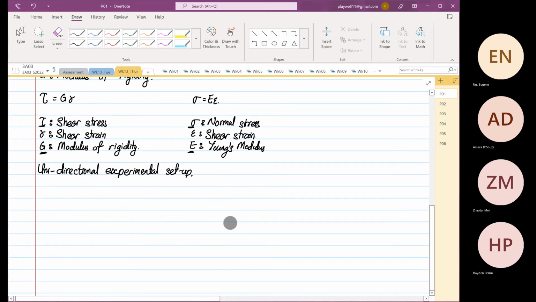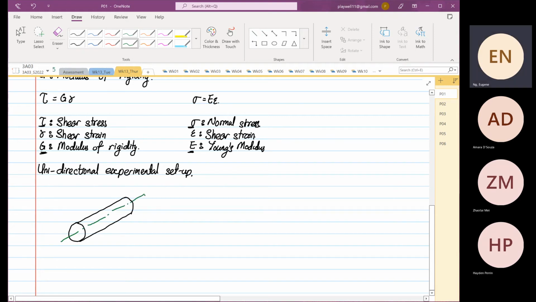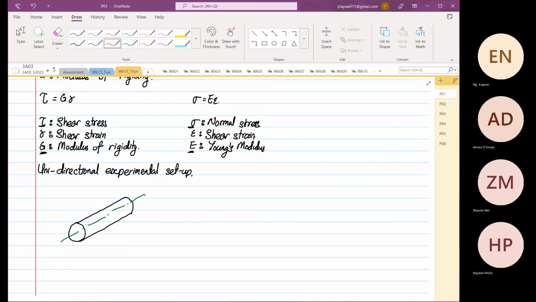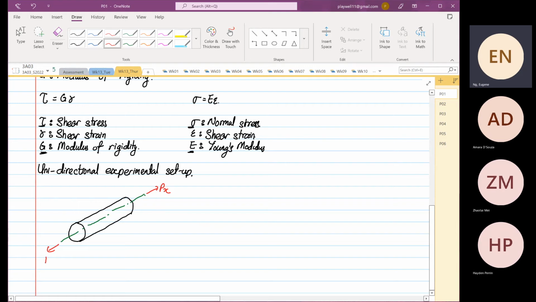So if we have a rod, let's assume that it's going through tensile. That's our centroid, and then we have opposing forces in the x direction. So if I draw our transformation, this is x, this is y, and that is our z.